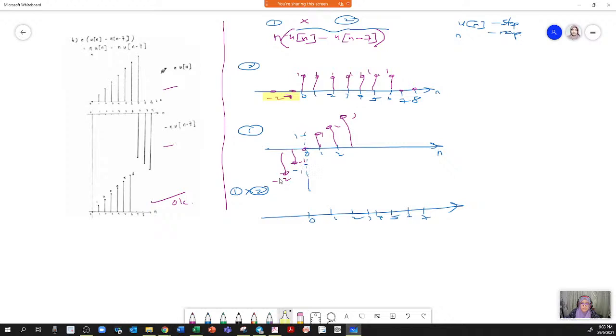At minus 1 and minus 2 you have a value, but when you multiply, you get 0. So you have 0 times minus 2, you get 0. Minus 2 and minus 1 also 0. Then you get 1 times 0 is 0. 1 times 1 you have 1. 1 times 2 you have 2.